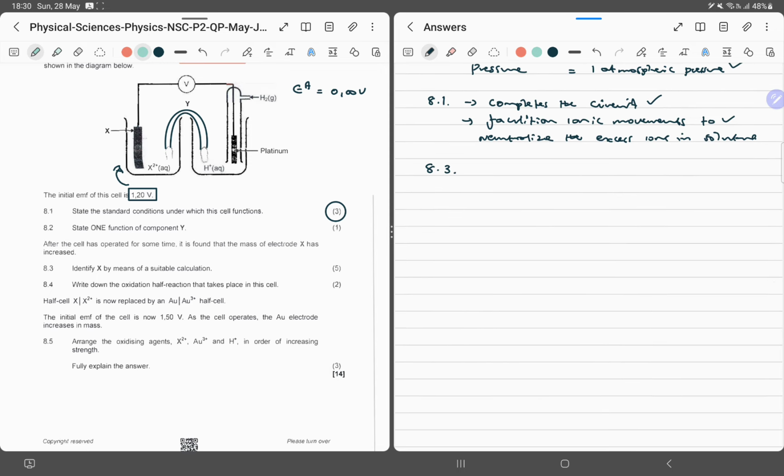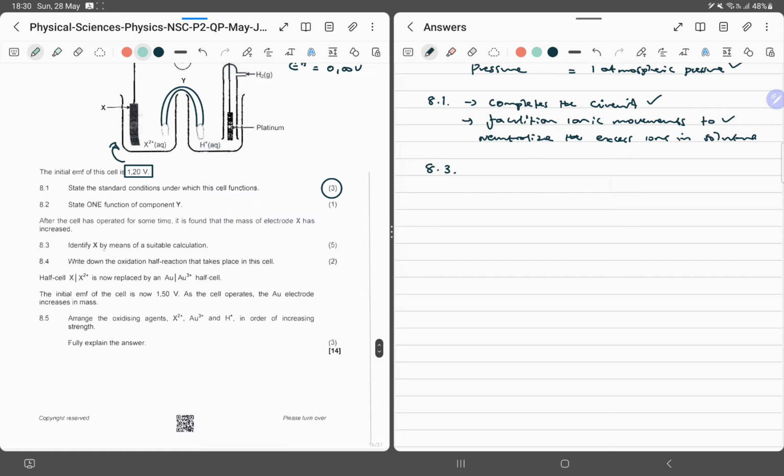Now 8.3, it says identify X by suitable calculation. So we know that every time that question is popped, we are to use our formula. By the way, we still need something. It says now after the cell is operated for some time, it is found that the mass of electrode X has increased.